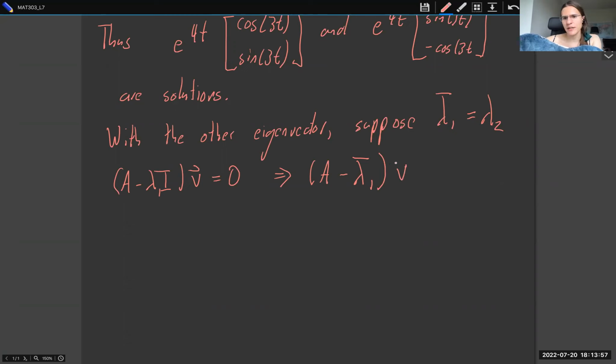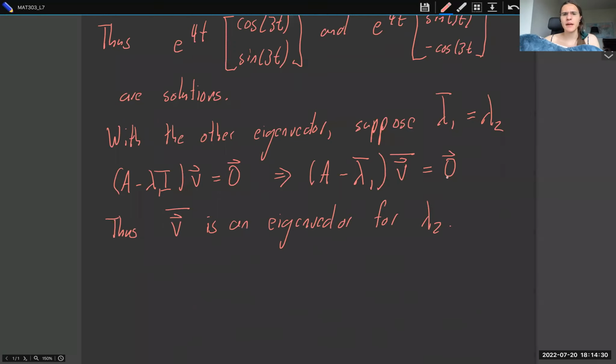So we'll get v conjugate is equal to 0. Let's make this a vector. Thus, v conjugate is an eigenvector for lambda 2.